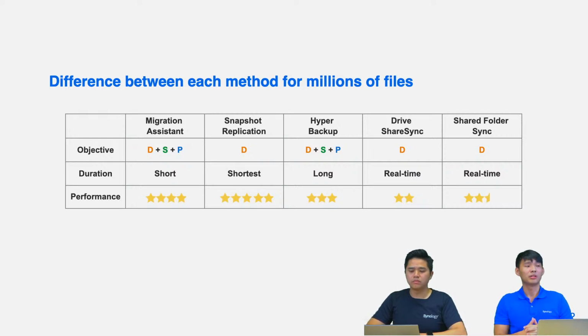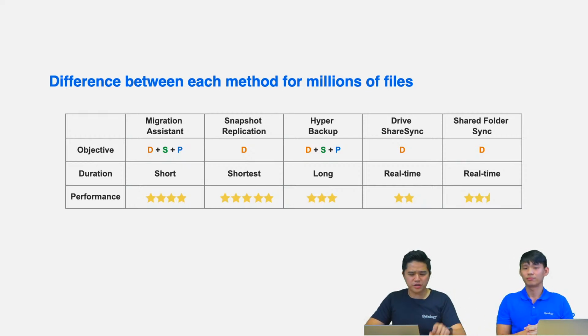If the purpose is just making a data copy, you could also use Snapshot Replication if both NAS have BTRFS volumes. Otherwise, Hyper Backup. Remember, synchronization is not suitable for moving millions of files, especially when the files are too sparse.